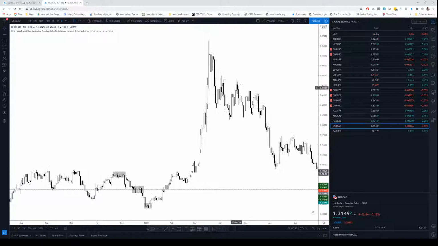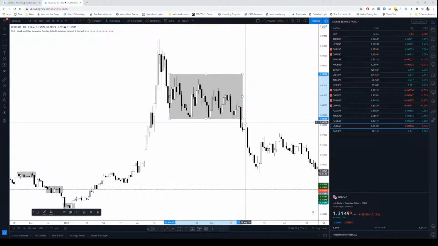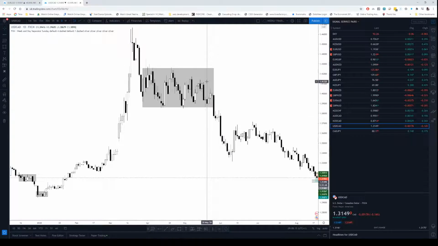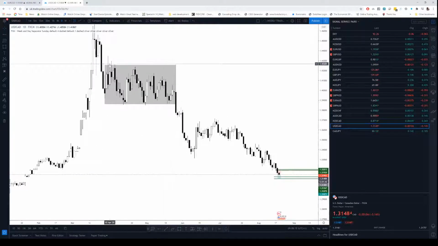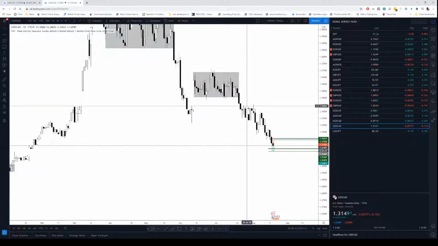Right, price came down a little bit and went into some prolonged sideways market consolidation, and then after the consolidation we had expansion, and after expansion price went to a little bit of retracement, and then we had another consolidation, and then we had an expansion, and since then we've been dropping gradually.